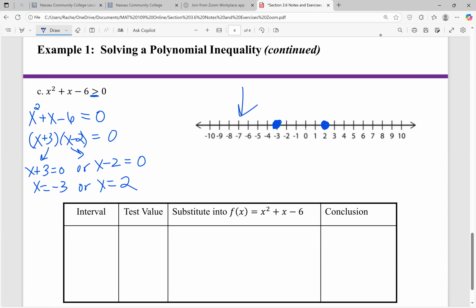So this interval on the left is negative infinity to negative 3, but now I'm going to use a closed bracket because negative 3 is included. And then the middle interval is going to go from negative 3 to 2. And then that last interval is going to go from 2 to infinity.